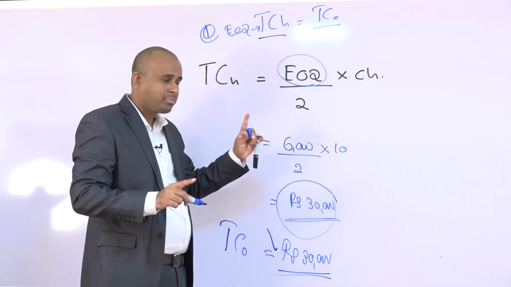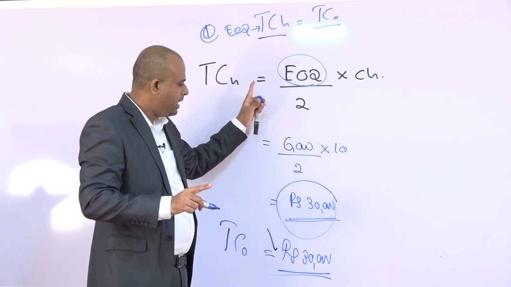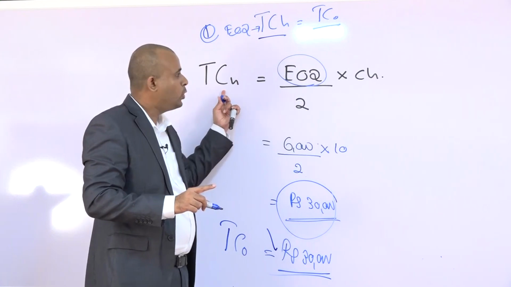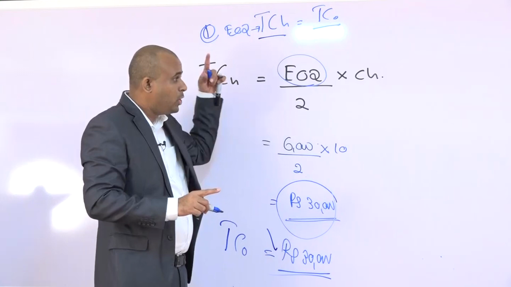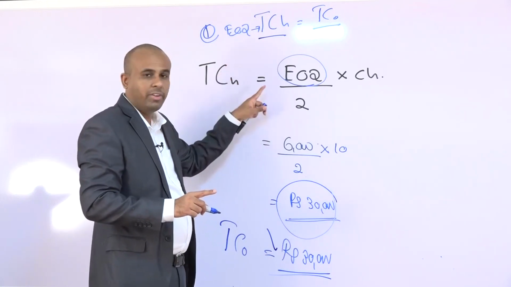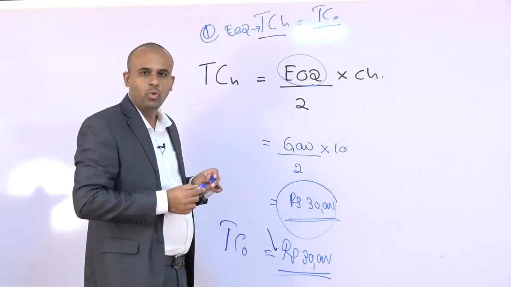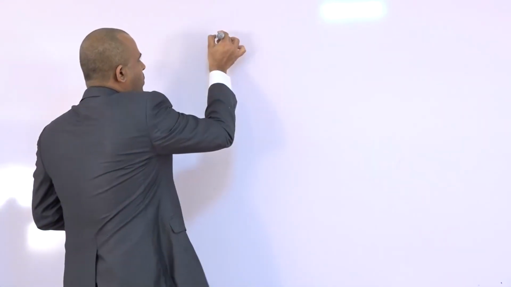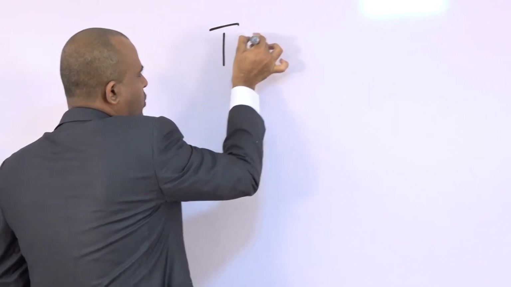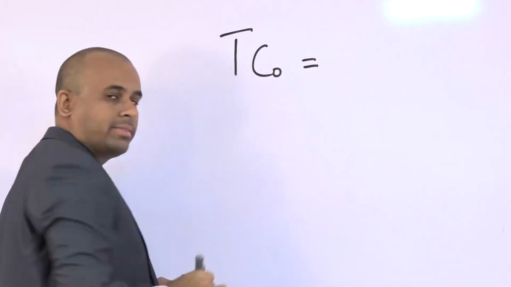But keep in mind, in the economic order quantity, if you calculate the cost of holding, you don't want to calculate the cost of ordering again because both are equal to each other. I do that calculation just for verification purposes, but in the examination you don't need to do that verification. Clear?